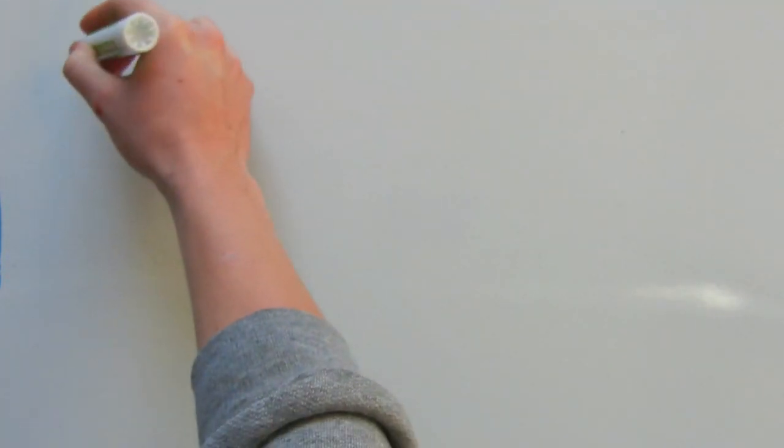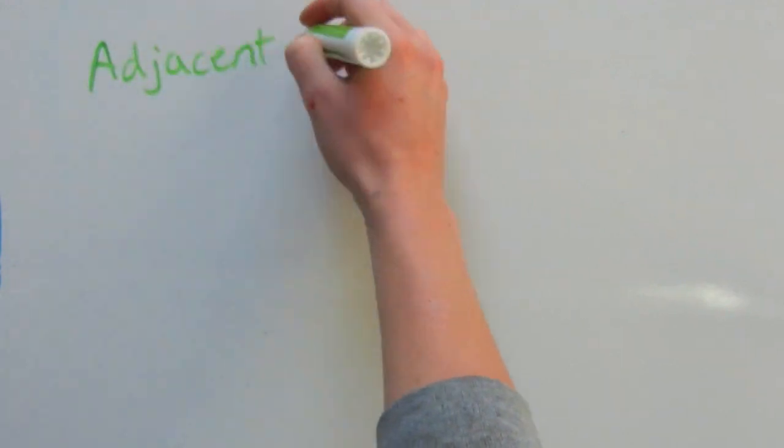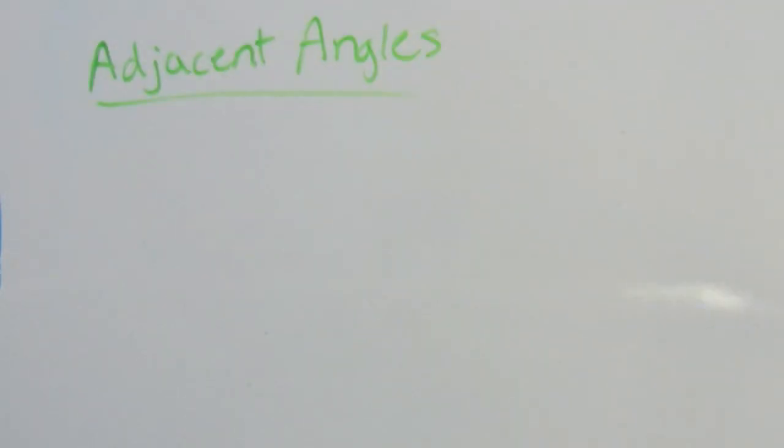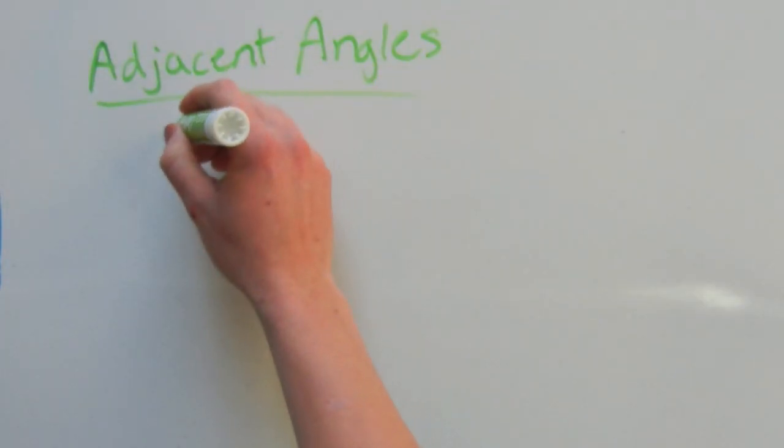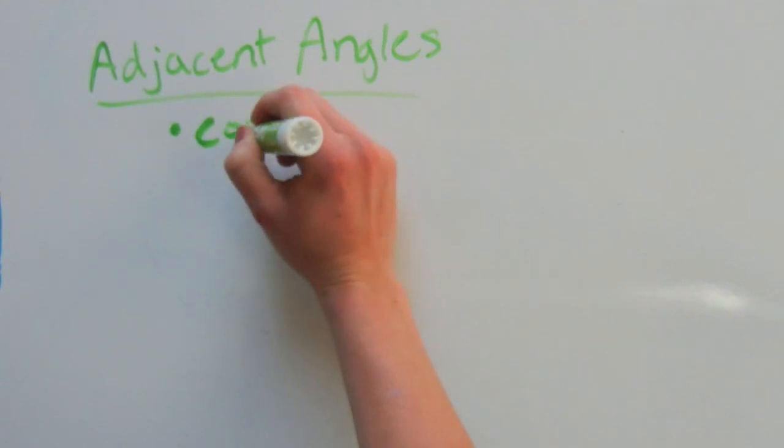In this next video, we are going to go over 3 more definitions, all branching off of our first definition. So our first definition we're going to learn is adjacent angles. Think of adjacent angles as 2 angles touching. So if 2 angles were touching, they would have a common vertex.